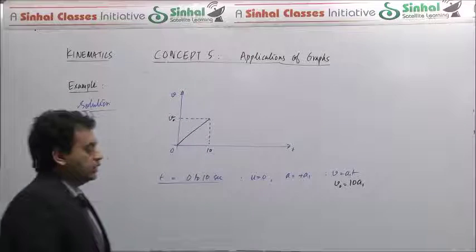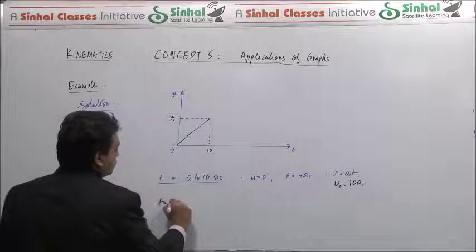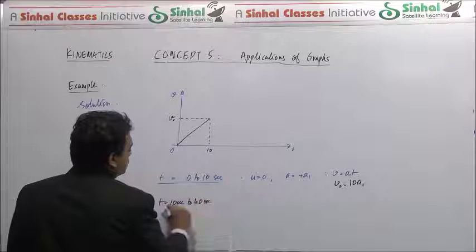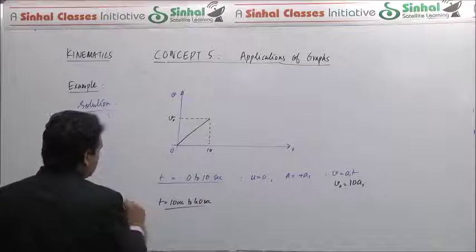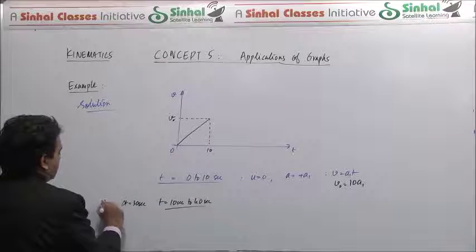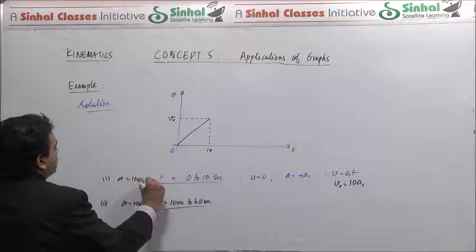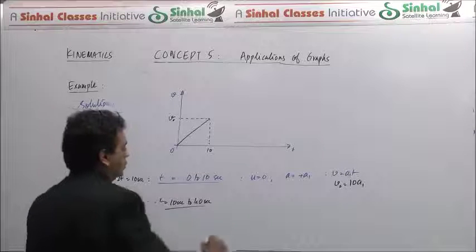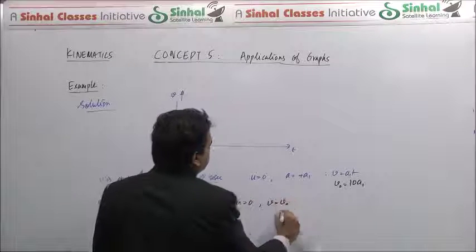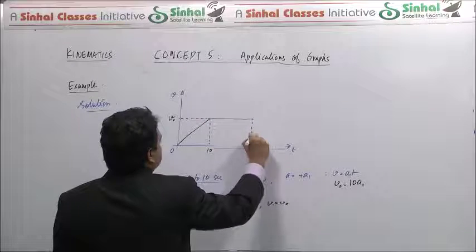Then from t equal to 10 seconds to 40 seconds, the interval of time is 30 seconds, whereas the first interval of time was 10 seconds. Acceleration is 0 and the uniform velocity is v0, like this.